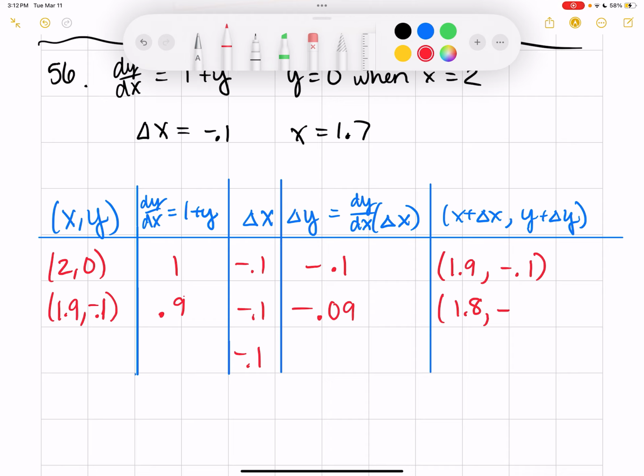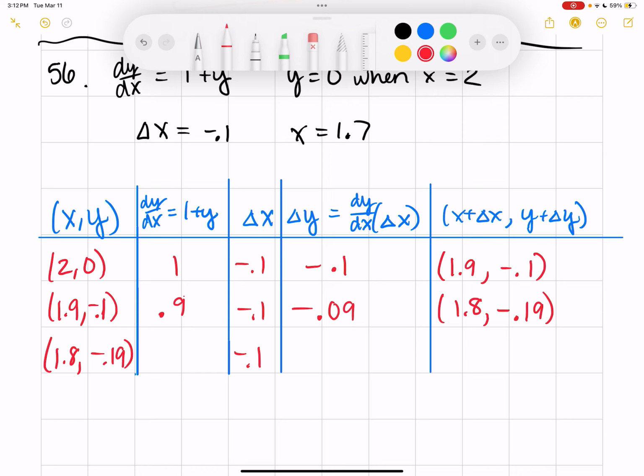Yes, 0.19. I was glitching again. I was about to calculate that one, because I wasn't looking at the negative 0.1. I was looking at this number and I was like, huh? Then I was like, oh wait. Just having a glitching moment.